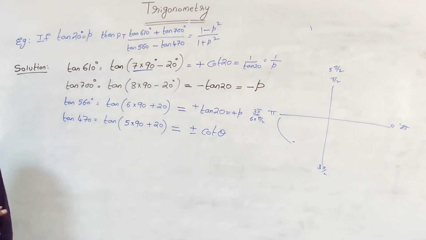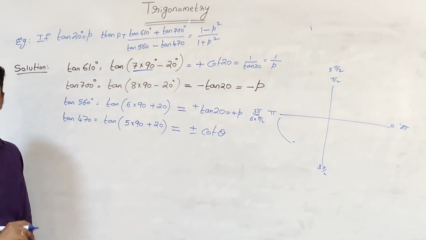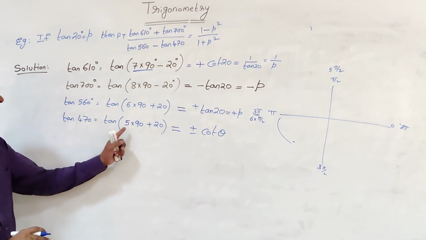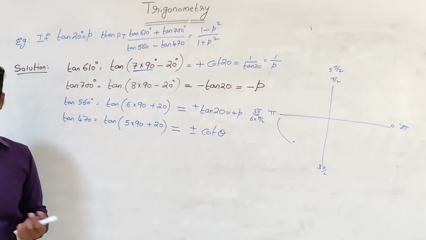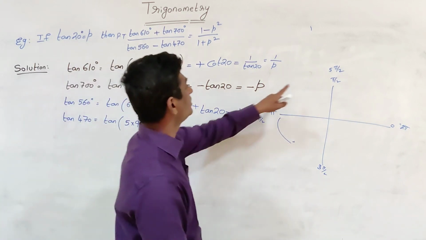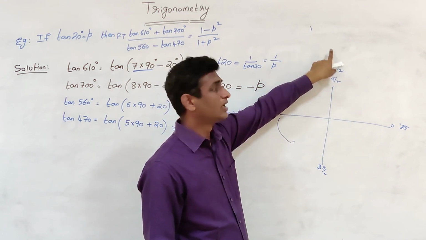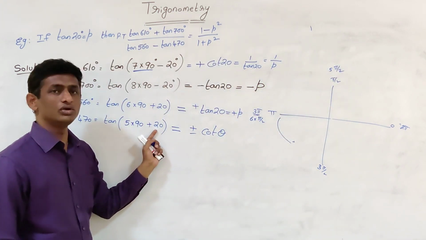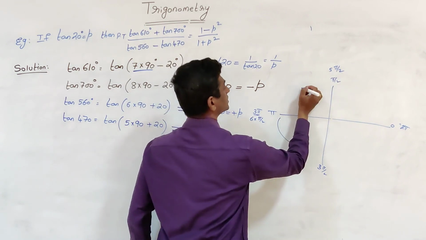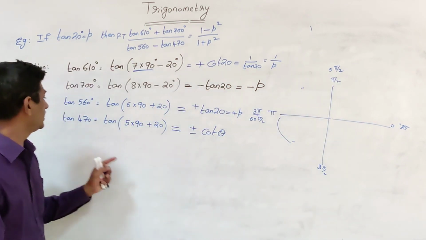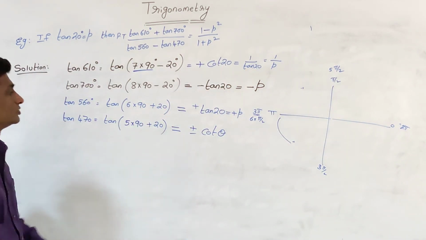But when is it positive and when is it negative? We have to decide in which quadrant 5 into 90 plus 20 lies. 5 into 90 means it is on the positive y-axis, and we are adding 20, so it lies in the second quadrant. In the second quadrant, tan is negative.